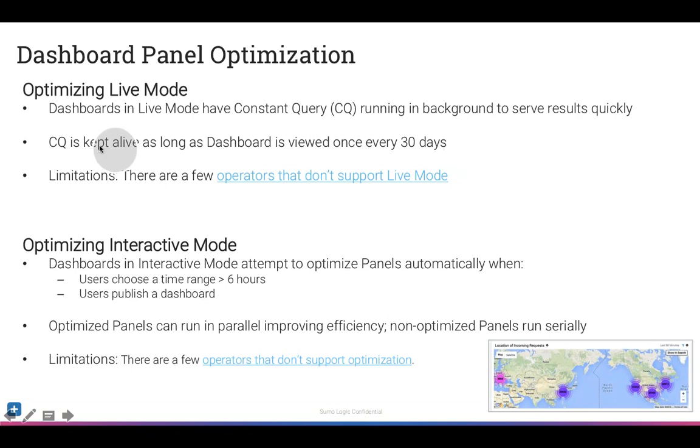Now, that CQ is kept alive as long as your dashboard is viewed at least once every 30 days. If we see that you're not using that dashboard all that much, then we're going to turn off that CQ because that's not something that we need to keep on. But essentially, if you view it every 30 days, it continues to keep that CQ alive and your dashboard just runs.